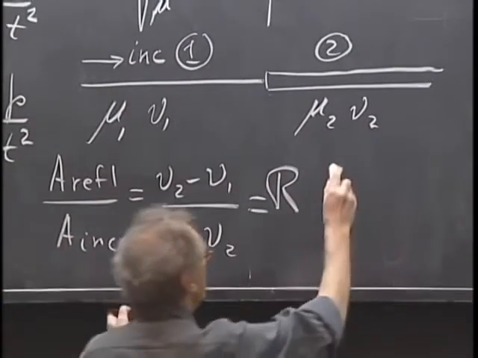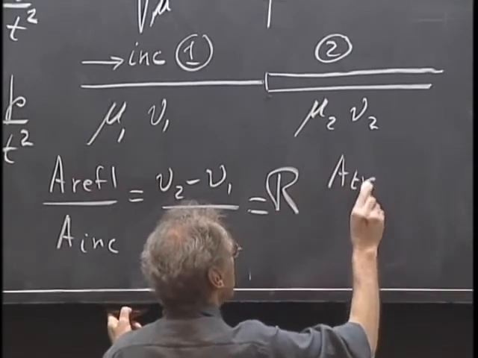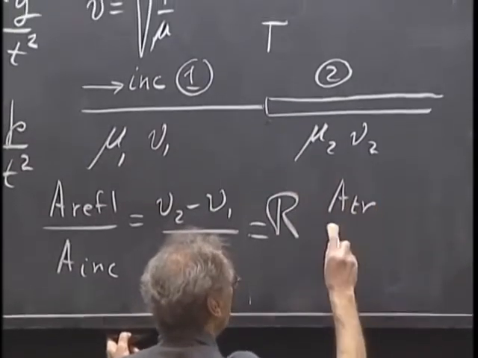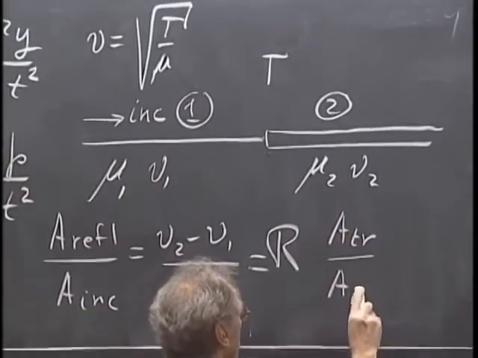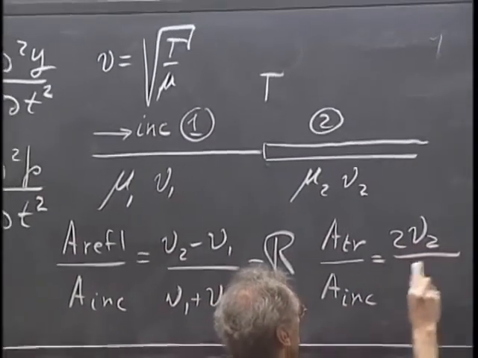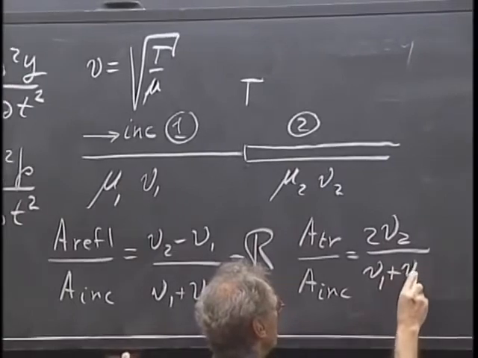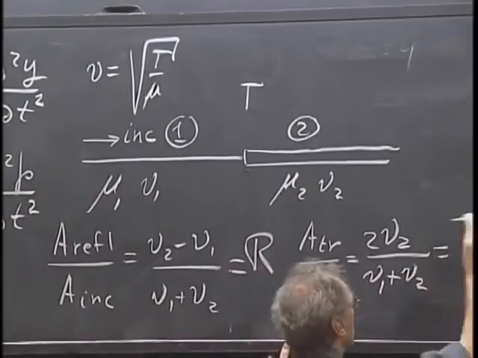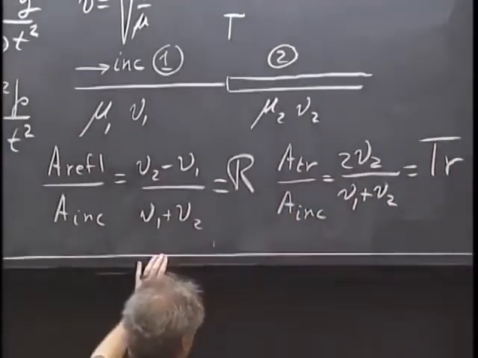And we found that the amplitude of the transmitted wave, or pulse, divided by the amplitude of the incident one, was 2v2 divided by (v1 plus v2), and I called that, in shorthand notation, transmittivity.